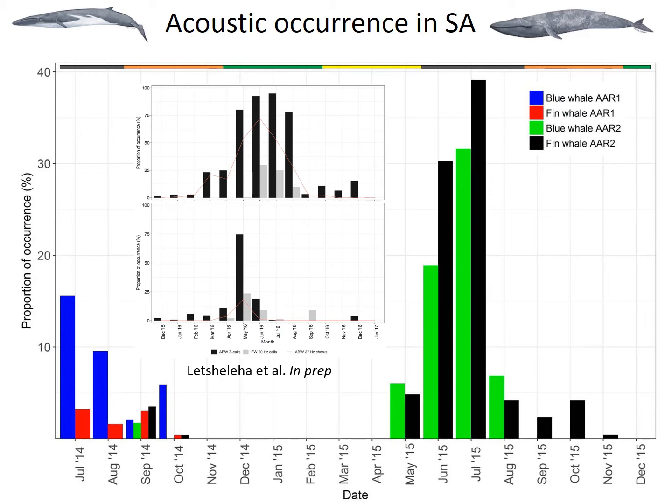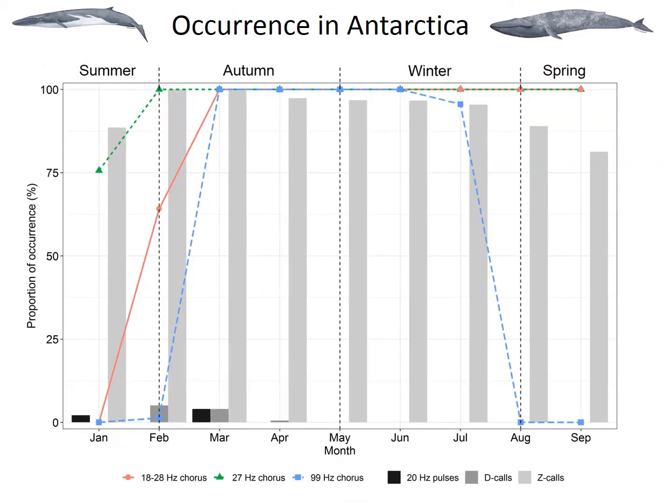This shows that the seasonality of whales, at least for blue whales, changes from year to year, and it will be very interesting for us to have a long-term monitoring program to be able to tell what years and what environmental conditions cause such changes in occurrence of whales.